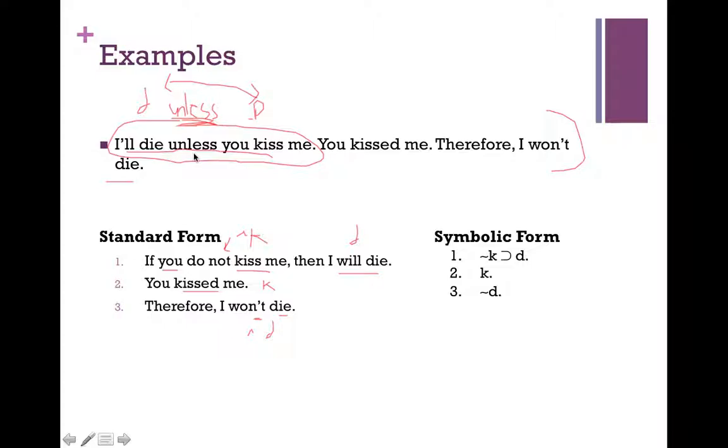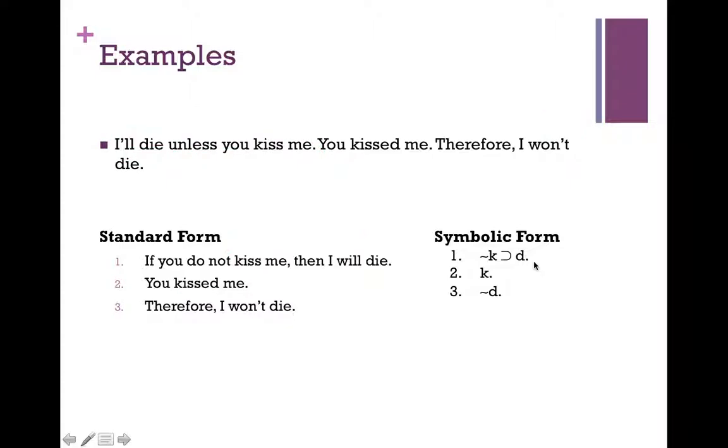Let me rephrase that. It doesn't have if, antecedent, and then the consequent. It's not written that way. It's got unless, and we have to get it into if P then Q form, which is what I did right here. So this is how it's going to look when all is said and done. And then we can construct our truth table in order to test validity.